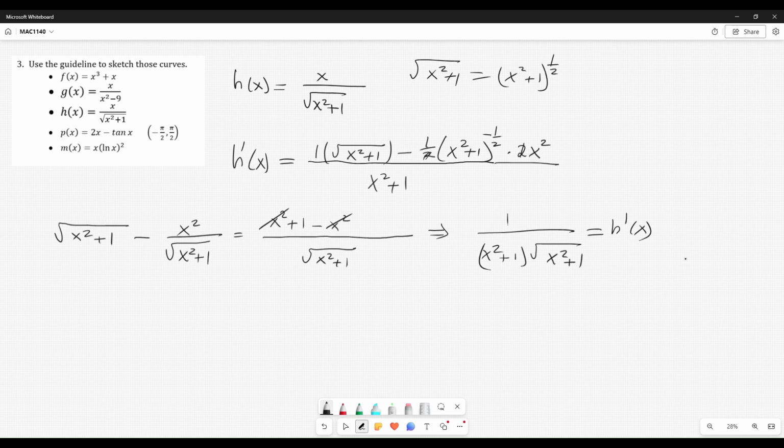If you want to find critical values, you force it to be 0, but there is no solution. It's obvious that there's no solution because the numerator is 1. So no critical values. We have no local max or min.